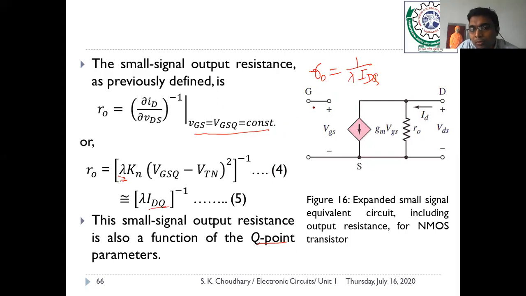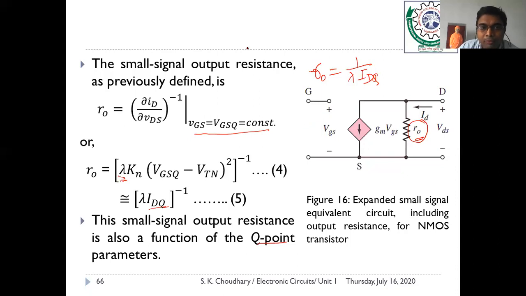So further, our small signal equivalent circuit would be modified because of this finite output resistance. You can see in the previous diagram we had only this part: gate, VGS, gm VGS and VDS, but this was absent. Now in parallel between the drain and source, one resistor is added, that is the finite output resistance, and it has the value of 1 upon lambda ID.